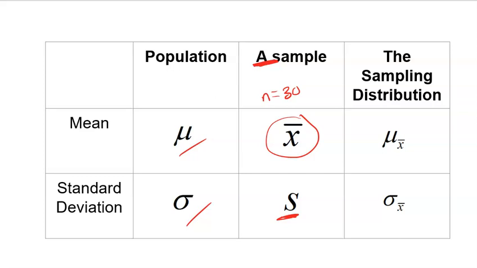But what we're going to focus on in this video is, of course, the sampling distribution. And this is where sometimes symbols can get confusing. I'm going to do my best to explain them to you. Now we're talking about a mean of all means, because we're not talking about one sample mean. We're talking about a sample, a sample, a sample, a mean after a mean after a mean, a lot of them. And now we're talking about the mean of all those means. So this new symbol pops up.